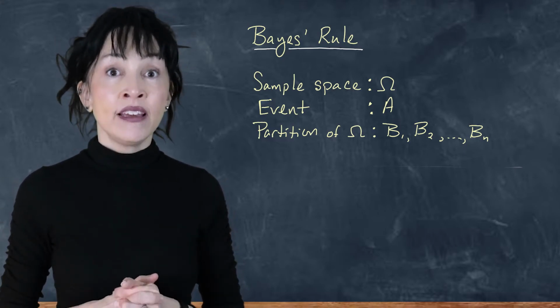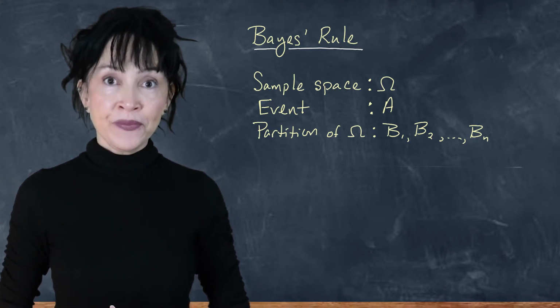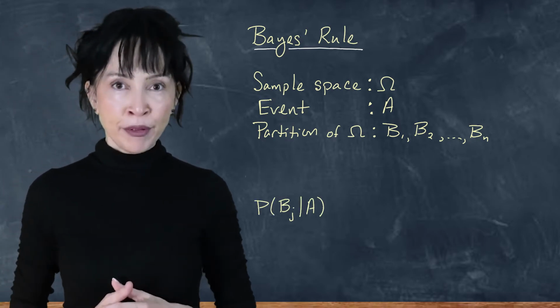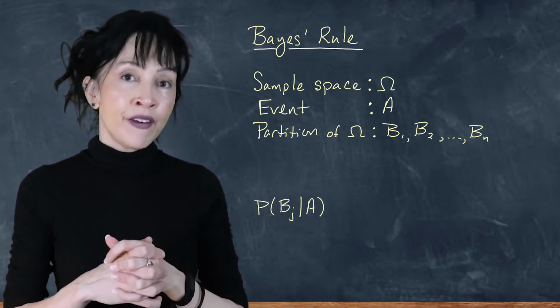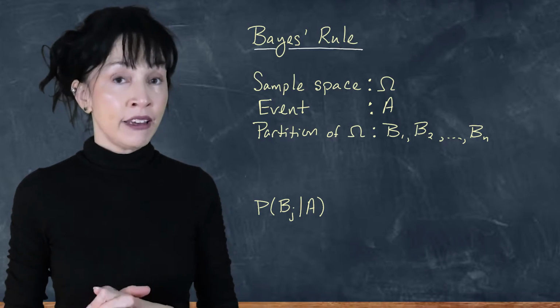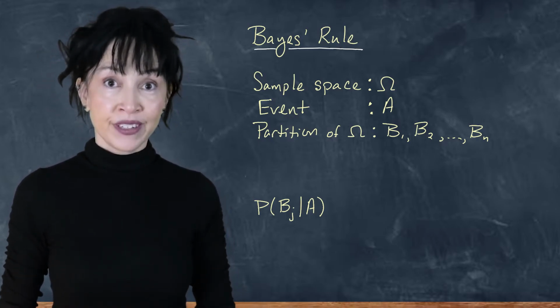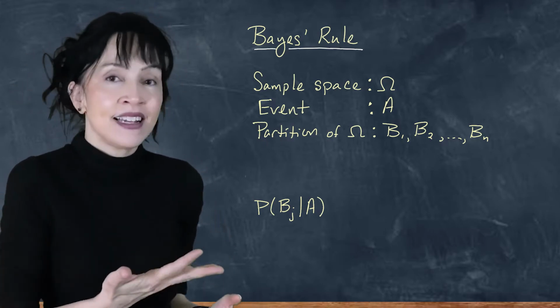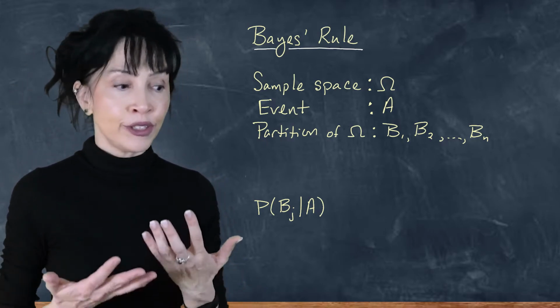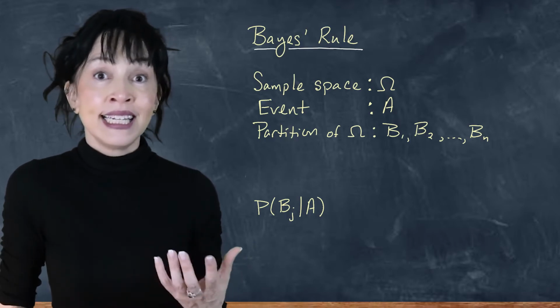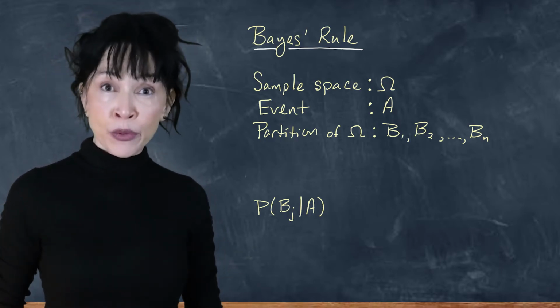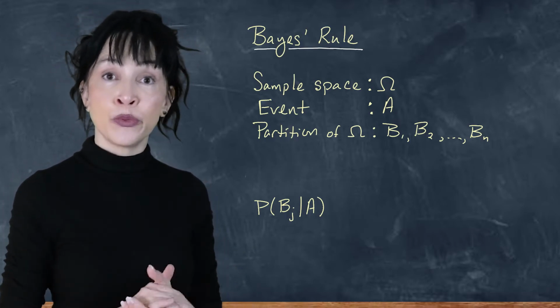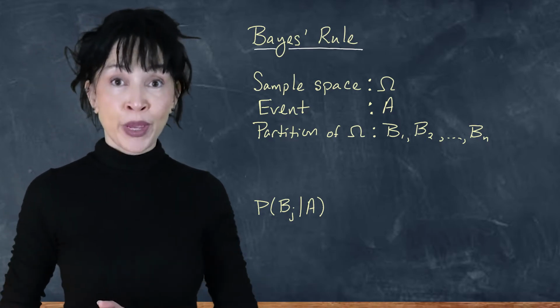and in our ball and box example, that would have been the event that we choose a green ball. And now I want to know the probability that the event B sub j happened, given I know that the event A happened. Now, this is not a ball and box example, so maybe this is something that we can just write down directly looking at the problem. Maybe this is easy. But if it seems backwards, if it seems like the other direction would be easier, then we can use Bayes' rule.